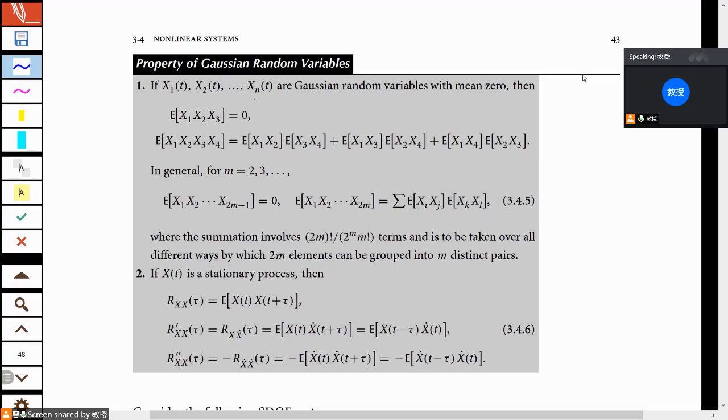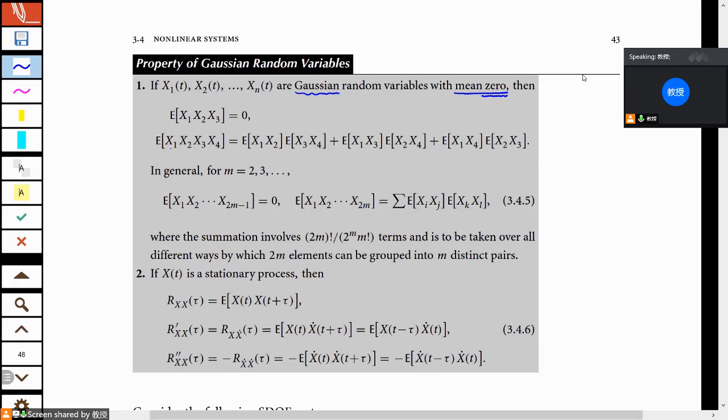X1, X2, Xn are Gaussian random variables with mean 0. Okay, so Gaussian mean 0, then the expected value of 3 variables is equal to 0.